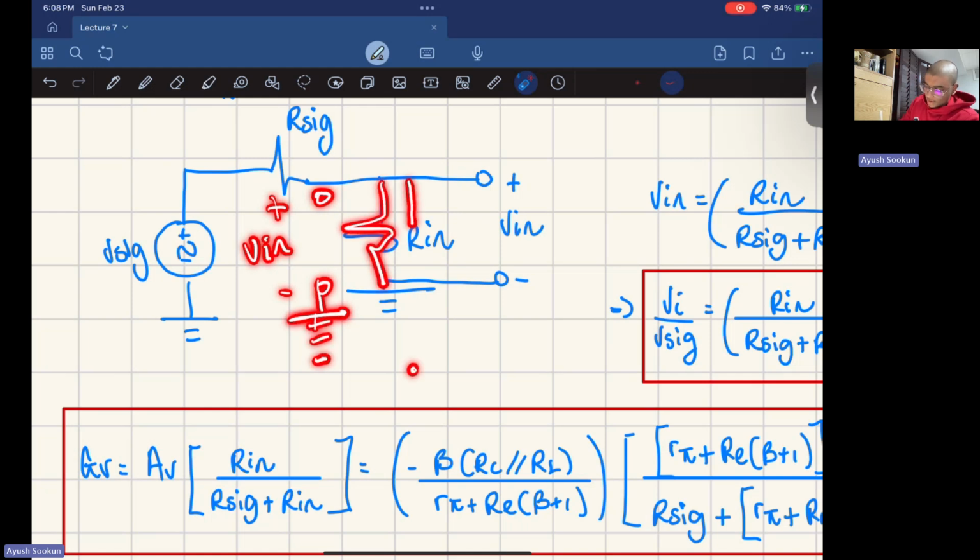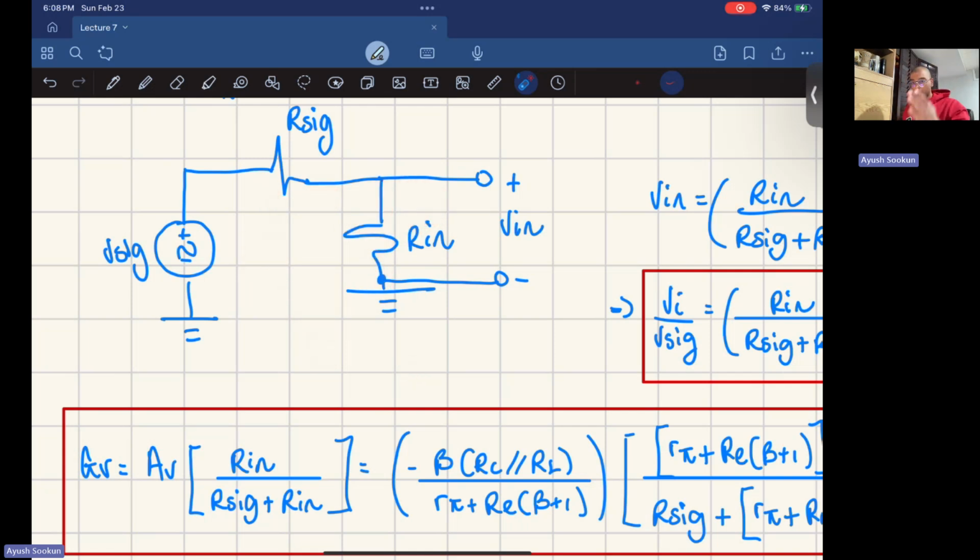It's logical to say that the current flowing through the R in would be the I in, all right? You have input resistance. The voltage across the input resistance is the input voltage, so the current flowing through the resistance has to be the input current, right? So here I have I input.